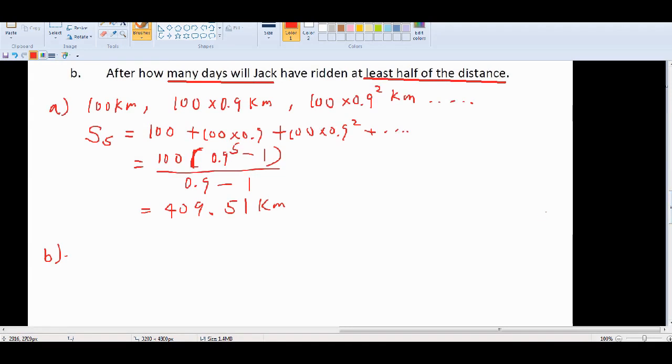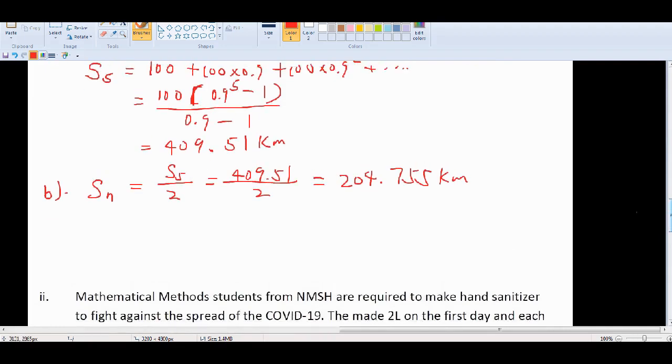So the distance would be, we don't know n, but we know the total distance will be Sn, which will be S5 divided by 2. So you use this one divided by 2. Of course, you are going to use a calculator.